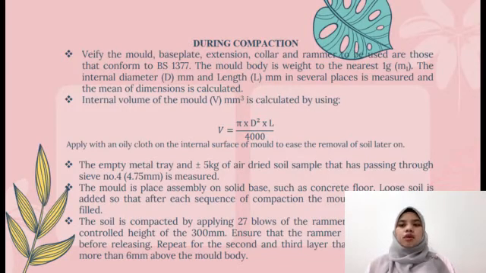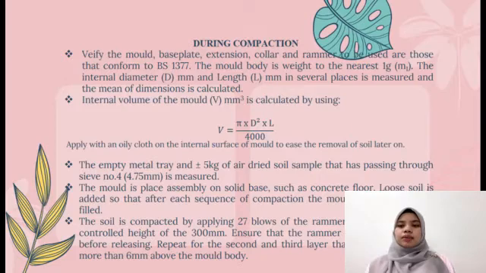The internal volume of the mold in mm³ is calculated by using V equals pi times diameter squared times length over 4,000. The empty metal tray and 5 kg of air-dried soil sample that has passed through sieve number 4 is measured.